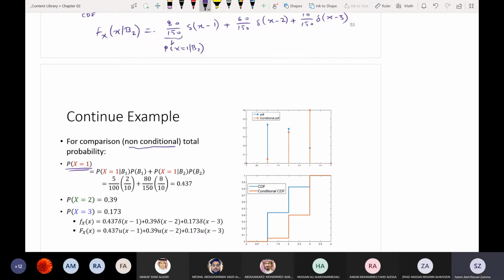This is the non-conditional PDF and CDF that we'll find now. Without making a condition that I select box 1, what is the probability that x equals 1 in the first place? In order to find this, we use what we call the total probability law, if you remember it.